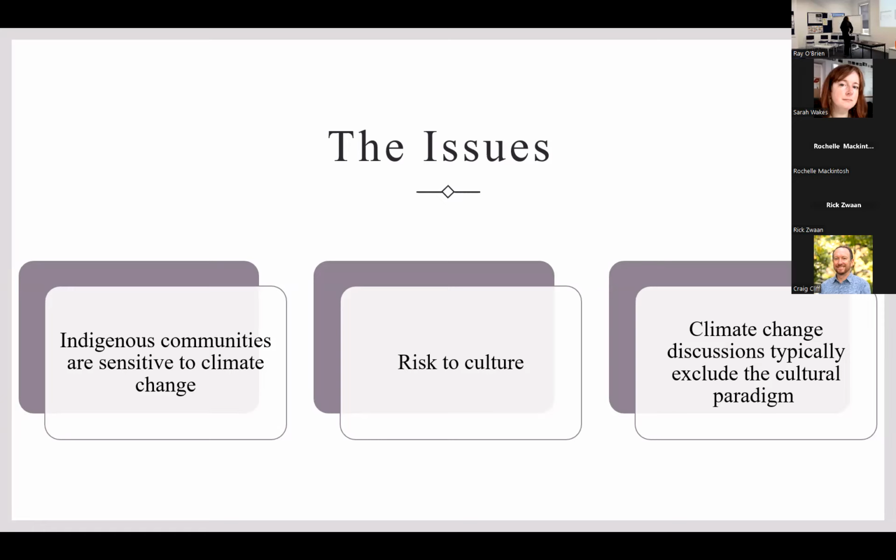The first issue was that Indigenous communities are sensitive to climate change. This was obvious across a plethora of literature. Our second theme was risk to culture, where risk to Māori culture, heritage, and social structures have been identified as major or extreme in the National Climate Change Assessment.